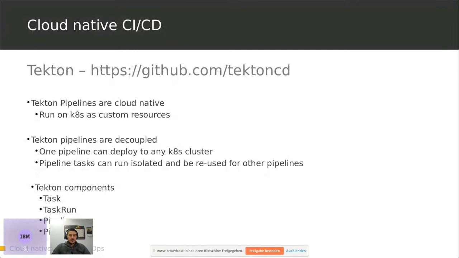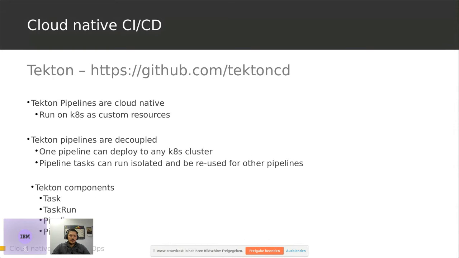One of the tools that we will work with today is Tekton. It's a cloud native CI/CD engine. It's still under development, but it's already quite popular, and Jenkins X, which is the cloud native Jenkins version, is built upon Tekton. Tekton Pipelines, and the pipeline that I will show you later, are cloud native.